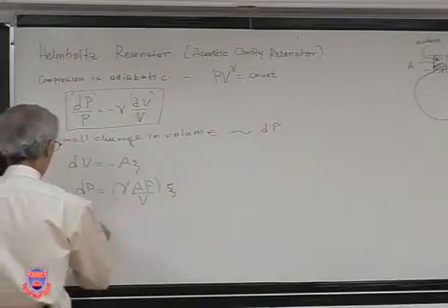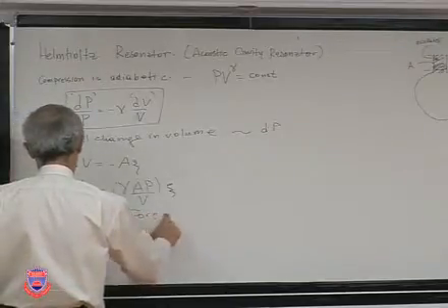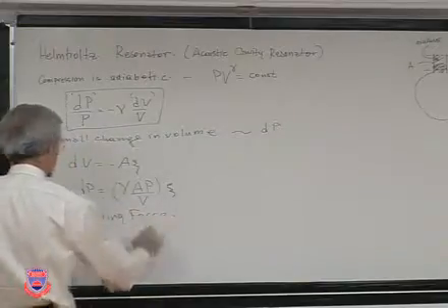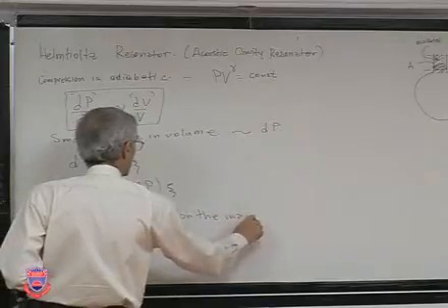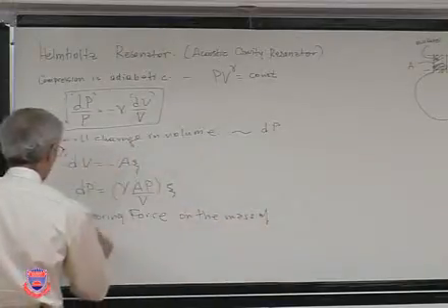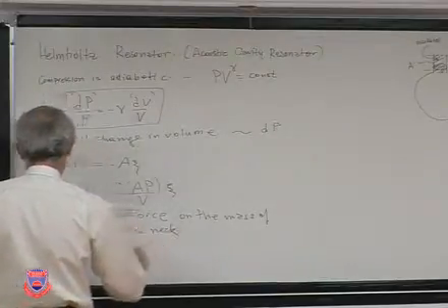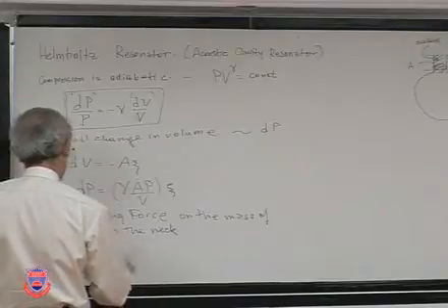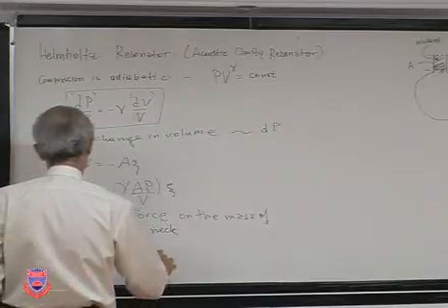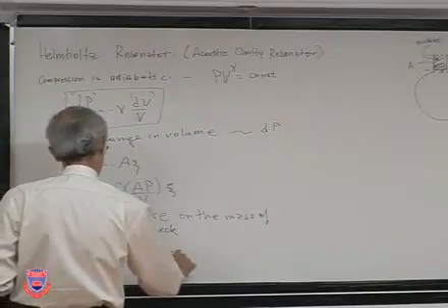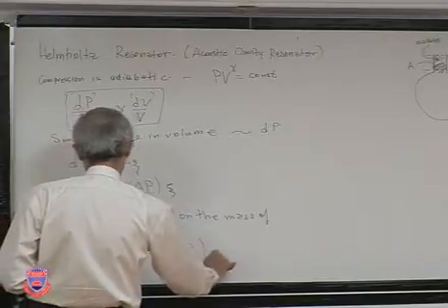And the restoring force on the mass of air in the neck is area times the pressure fluctuation, which gives us gamma A squared P divided by the volume.